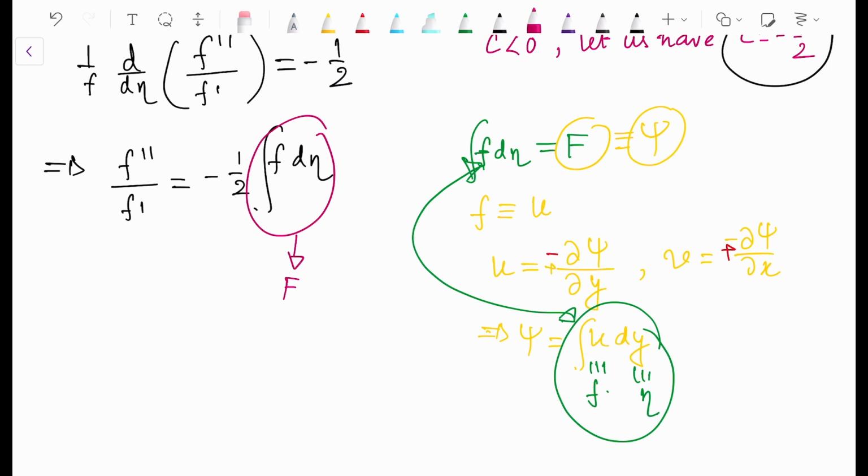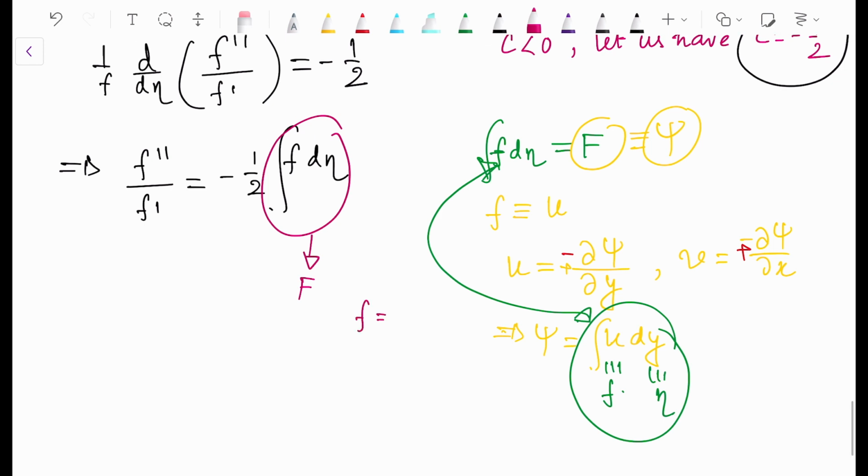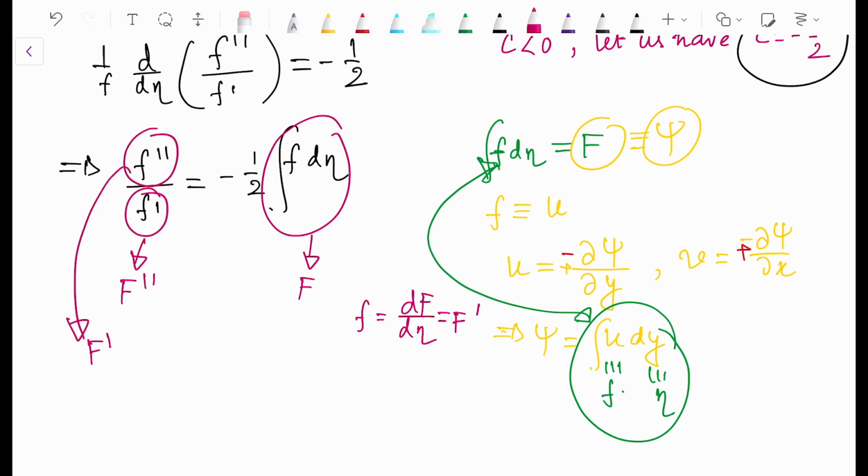Then small f is df d eta, right? Then small f dash is actually f double dash, because small f equals f dash. So this will be f double dash and this will be f triple dash.